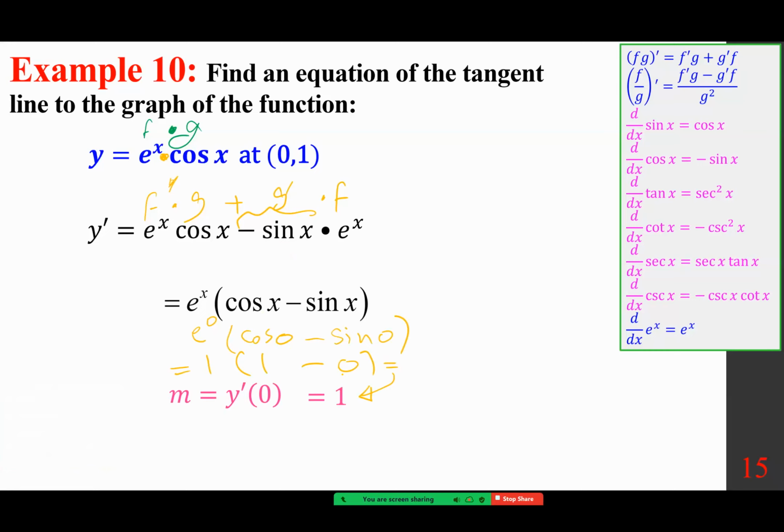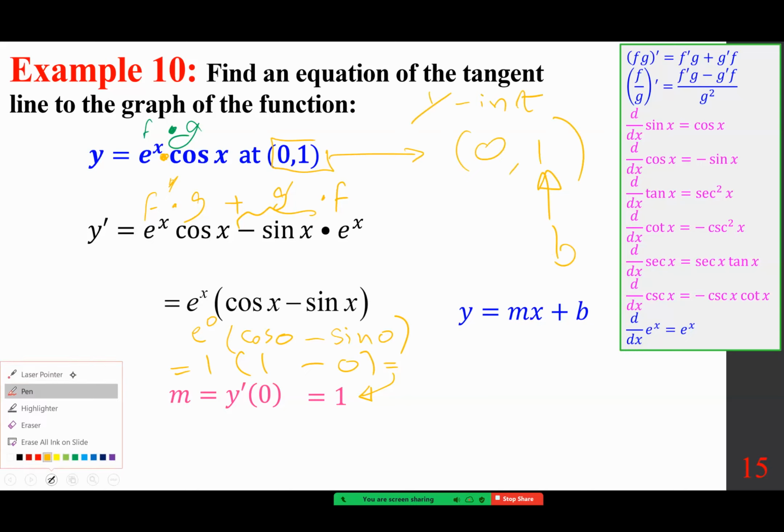Now, instead of using y minus y1 equals m times x minus x1, I'm going to use y equals mx plus b because this is telling us that b is given, everybody. This is your y-intercept. So y-intercept is given. I don't have to go through point slope. y equals m times x plus b.